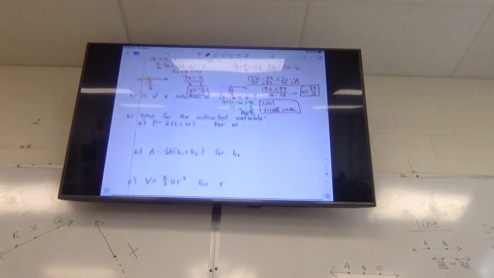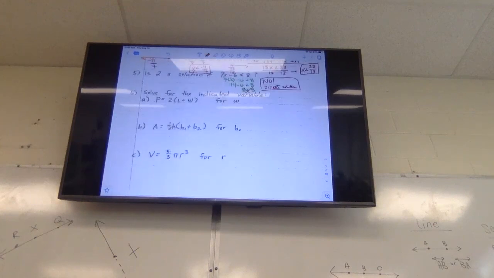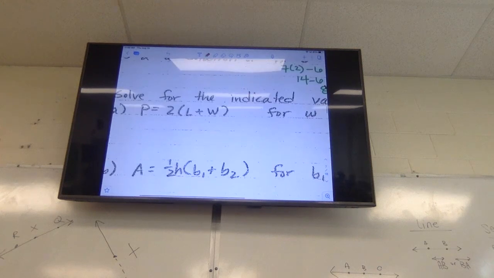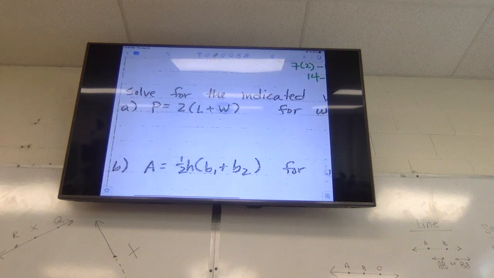All right. The last few problems of this section are dealing with solving for an indicated variable. So we're going to do 1 or 2, and then we're going to go to lunch. And then when you come back, you'll do the next few. This is always confusing to us. In this first one, we're solving for W. I just want W by itself. So we want to move everything away from W. In this first one, I'd probably get rid of that 2 first.